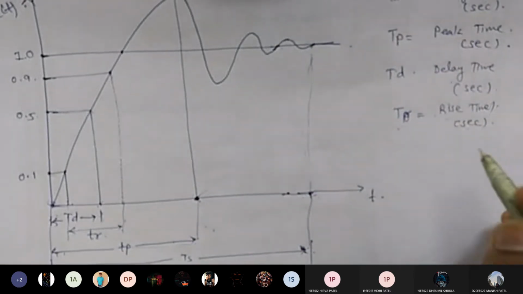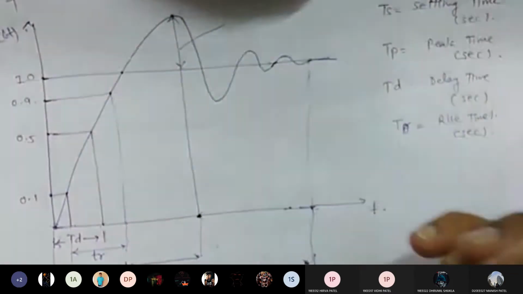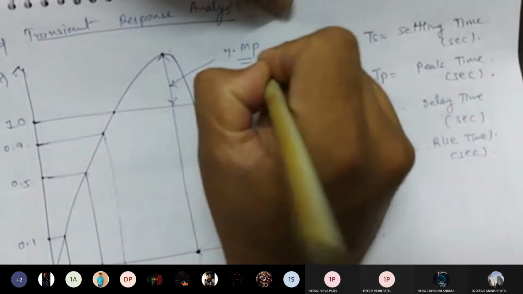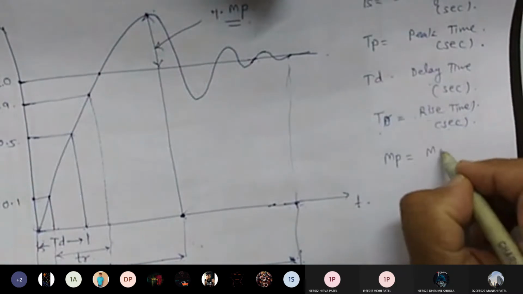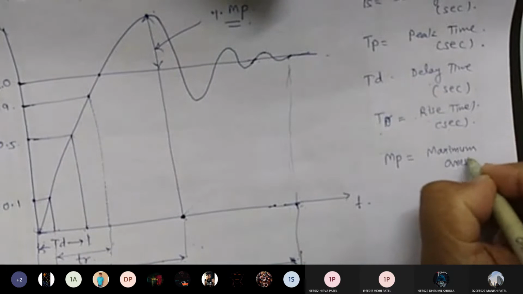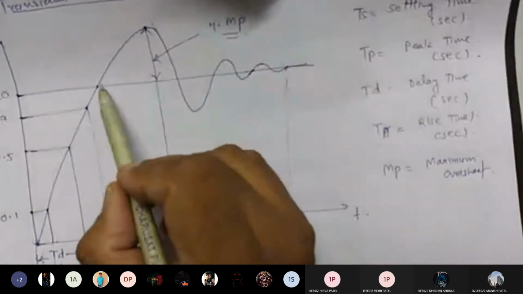All are in seconds. Another one is the highest error, which we will find with the help of another formula called MP, the maximum overshoot. Although it is an error, it is an overshoot.